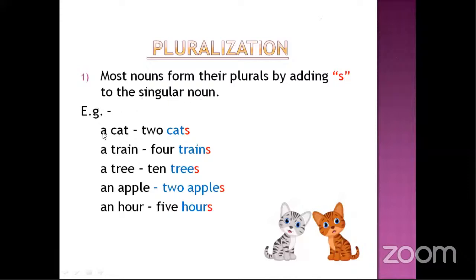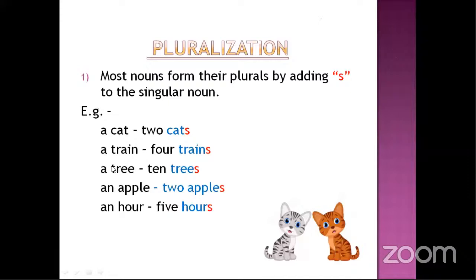Look at the example: a cat, two cats; a train, four trains. Now, can you see I have added the letter S at the end of the singular noun.